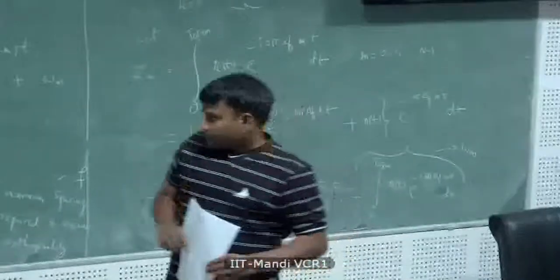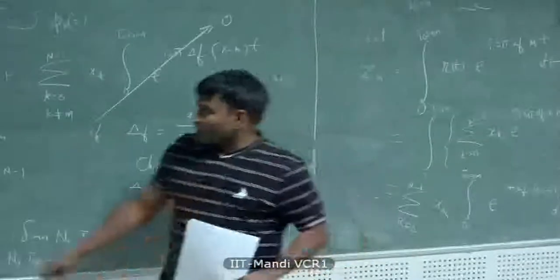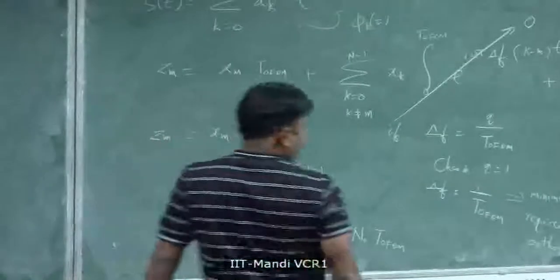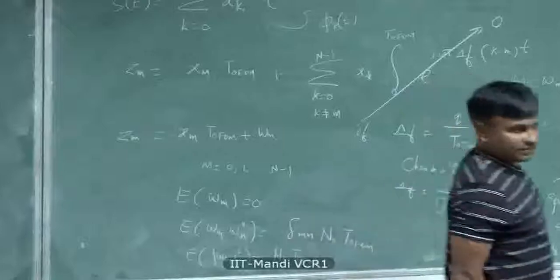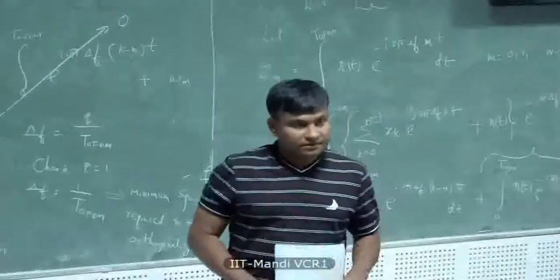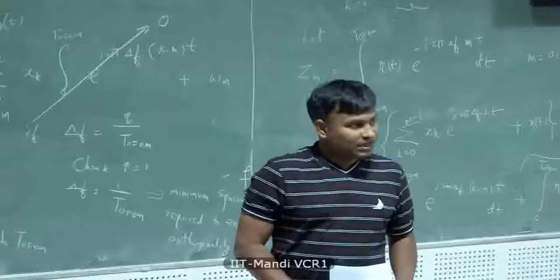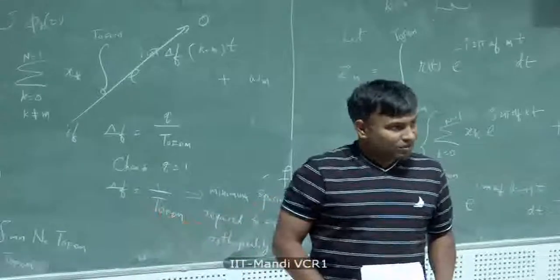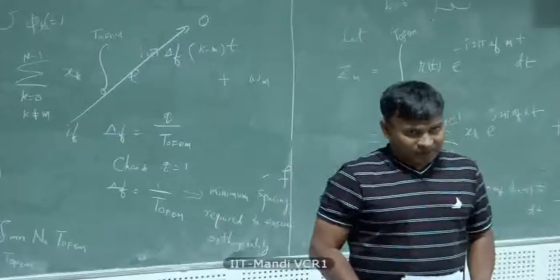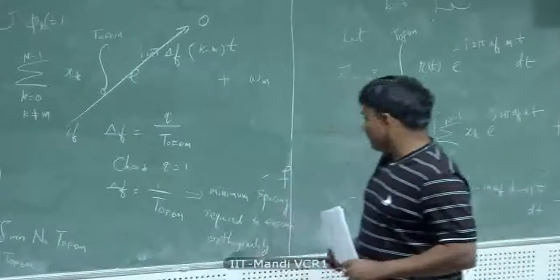Okay? Now, what is the signal to noise ratio associated with this decision variable Z[m] for any given m? We can calculate it right away. We know the signal and we know the noise, and we want to calculate signal power divided by noise power.